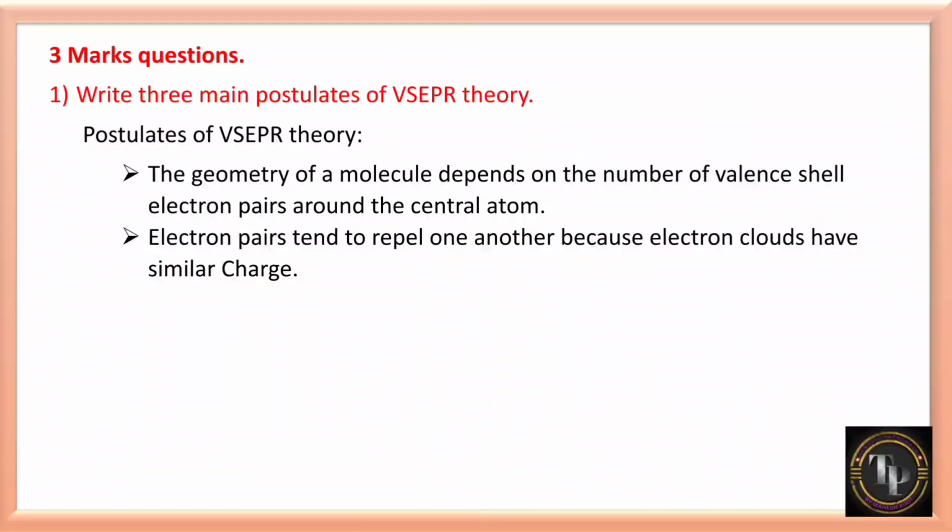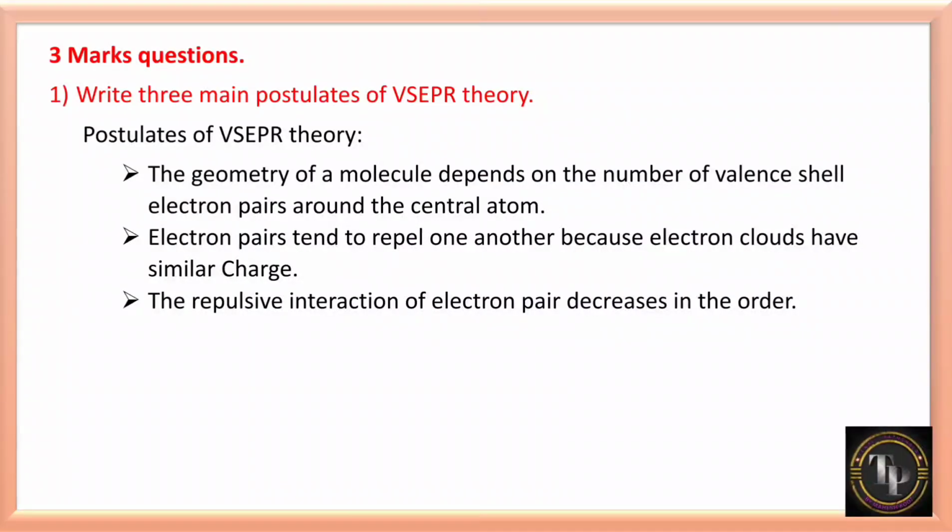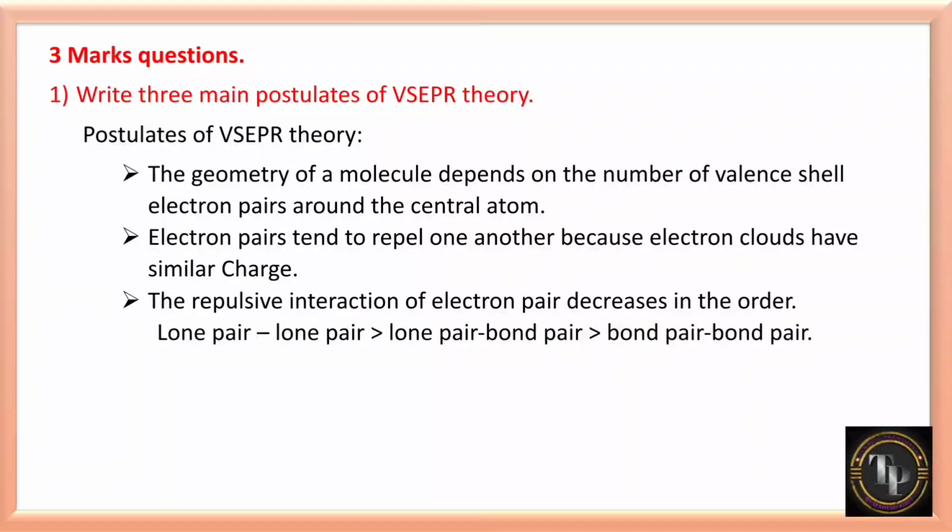Electron pairs tend to repel one another because electron clouds have similar charge. The repulsive interaction of electron pairs decreases in the order: lone pair-lone pair is greater than lone pair-bond pair, which is greater than bond pair-bond pair.